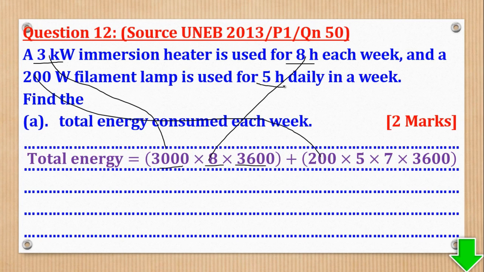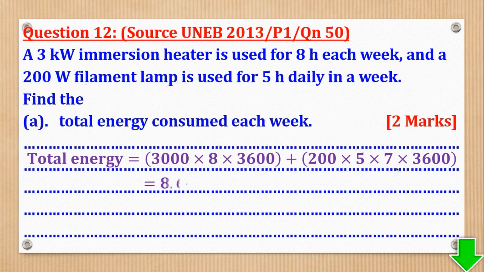Then 5 hours daily in a week, so it will be 5 hours, but there are 7 days in a week, so that's why we multiply by 7 to get the total hours in a week. Then we convert to seconds by multiplying by 3600. Then simplify, you'll come up with that as the total energy.